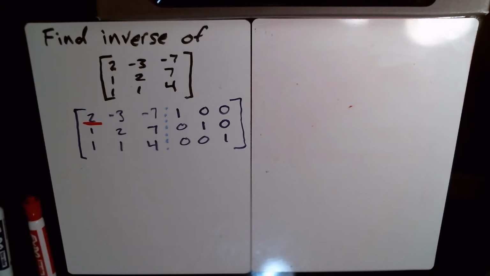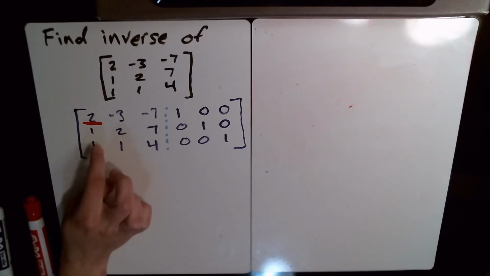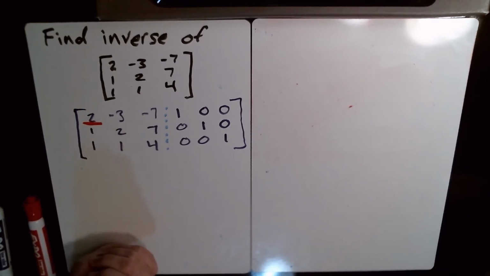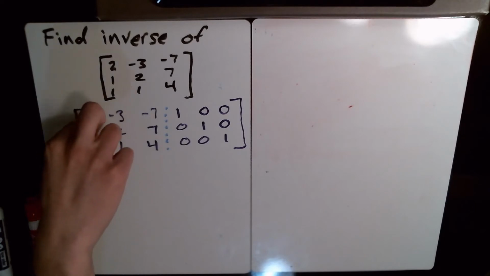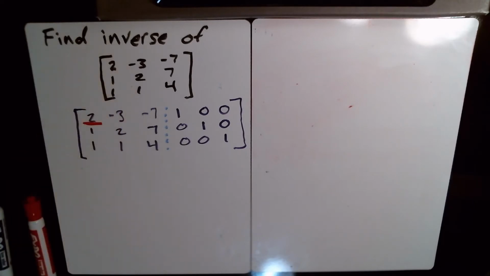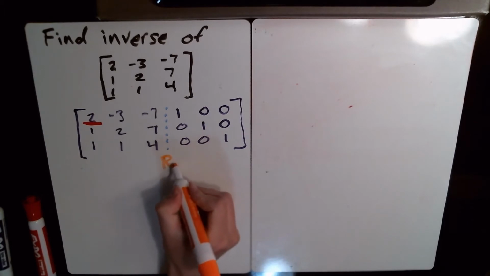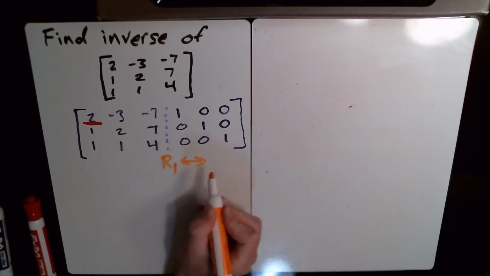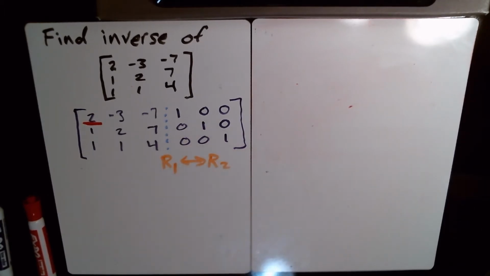So instead, if you notice, there's ones right below this 2. So I'm going to switch rows. I'm going to switch the first and the second row, okay? Row 1, we're going to switch you with row 2, okay?